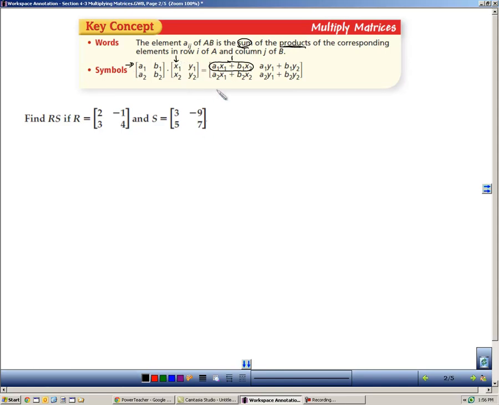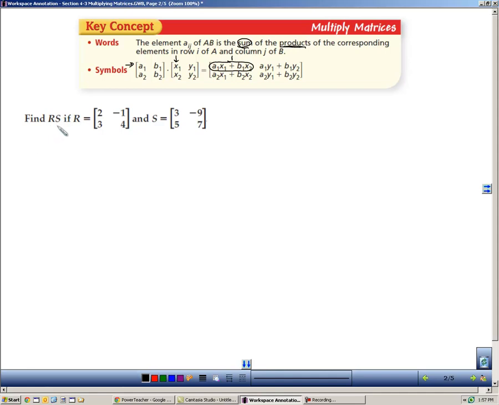So in this example, I'm going to take row 1 and I'm going to take column 1 of the second matrix. I'm going to multiply them and add those two numbers together. Now that's kind of complicated and wordy, so let's take a look at an example and see how it works.